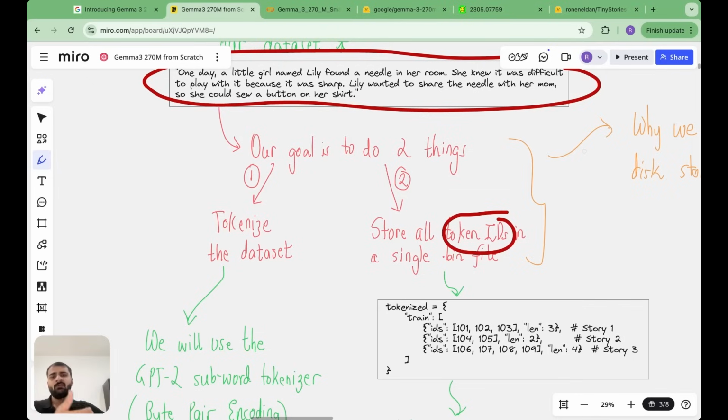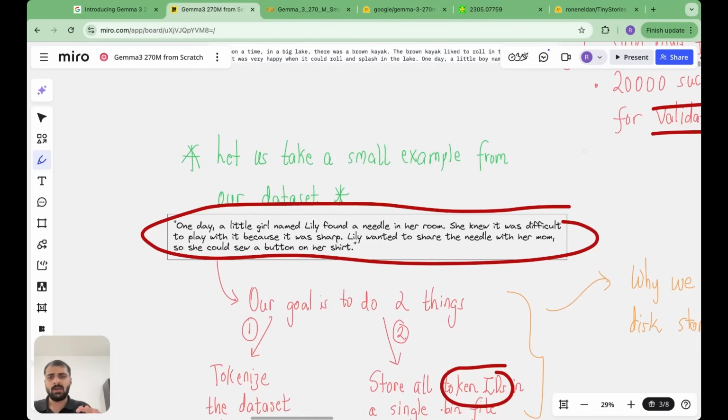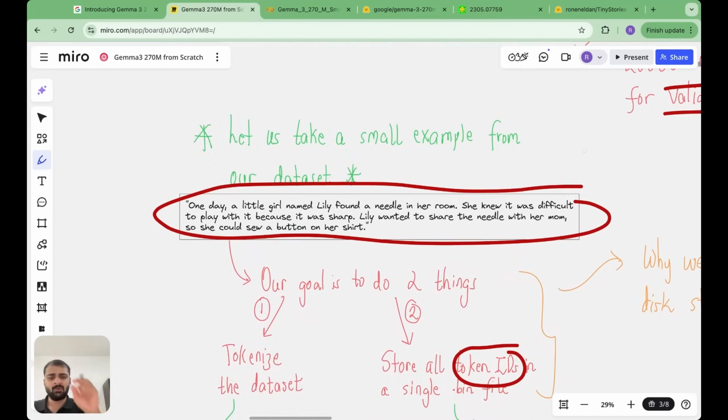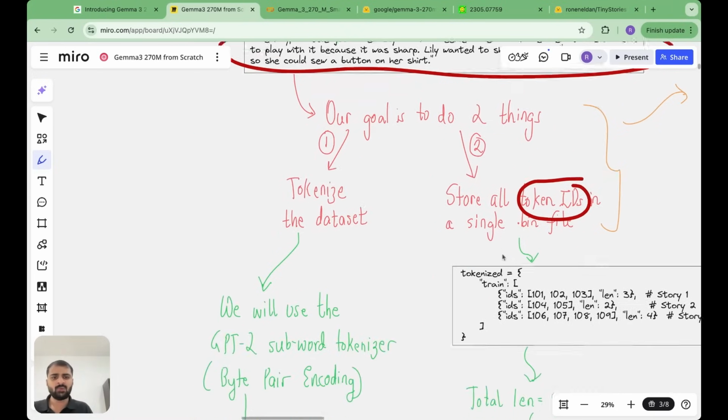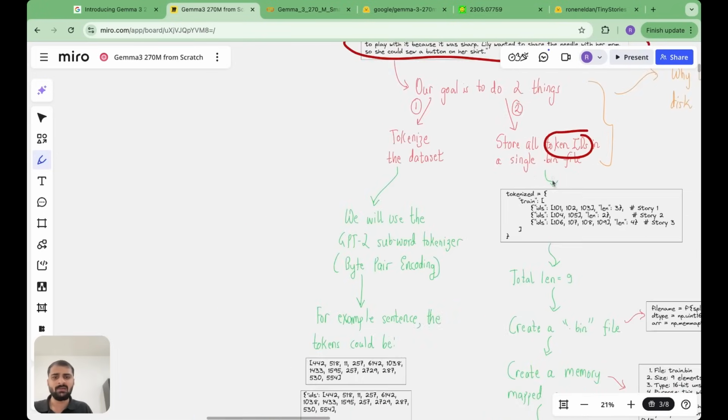So later when we go to creation of input output pairs, the process of training, the model will no longer get these stories. It will just deal with token IDs. So currently we have to break our text into smaller individual components, which are the tokens. We have to assign a token ID to each token, and then we have to store all the token IDs in a single .bin file.